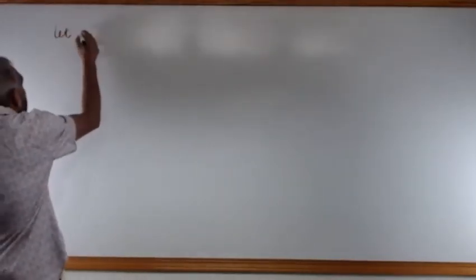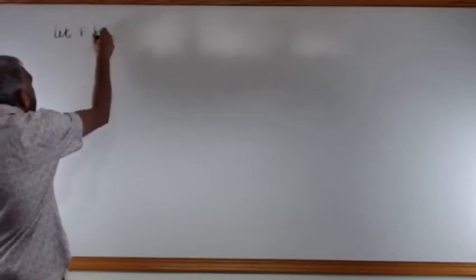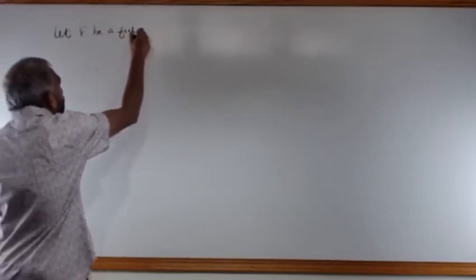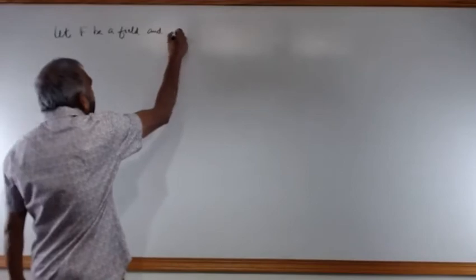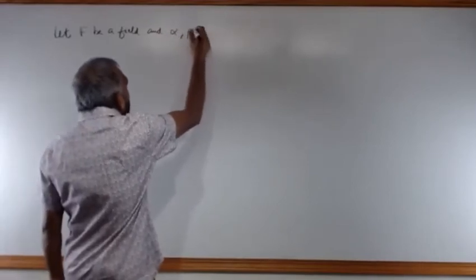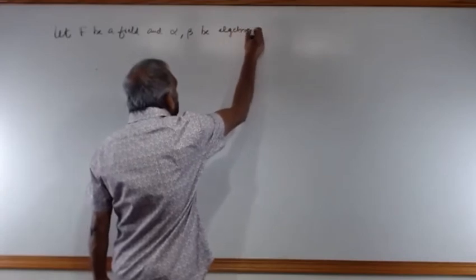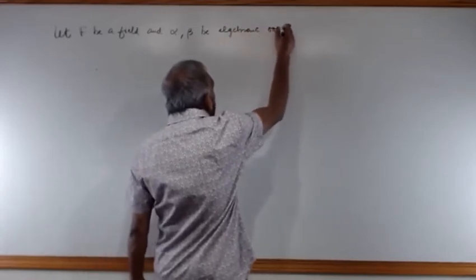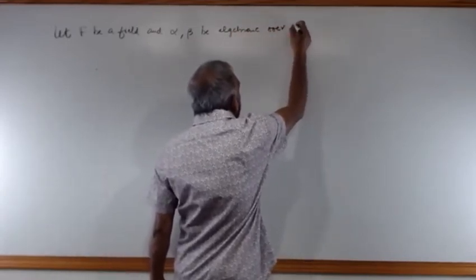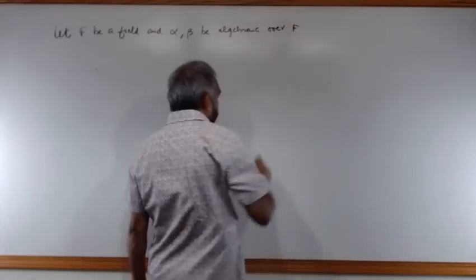So let F be a field and alpha, beta be algebraic over F.